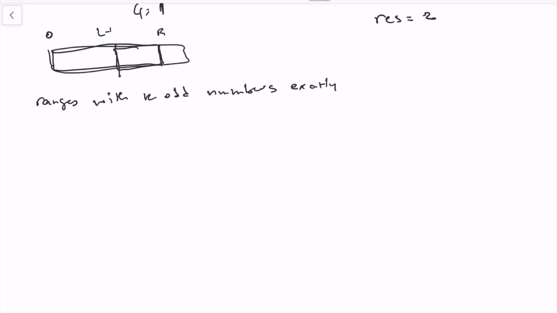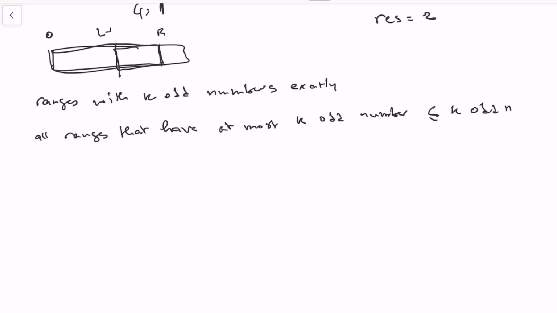So what we can do is find all ranges that have at most k odd numbers, so less or equal than k odd numbers, and then find all ranges also that have at most k minus 1 odd numbers. So anything less or equal to k minus 1 odd numbers.